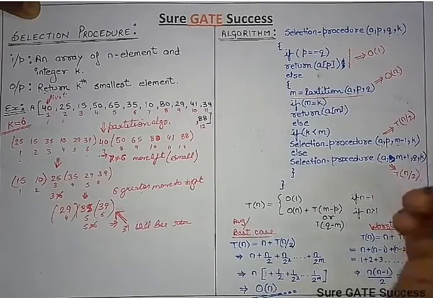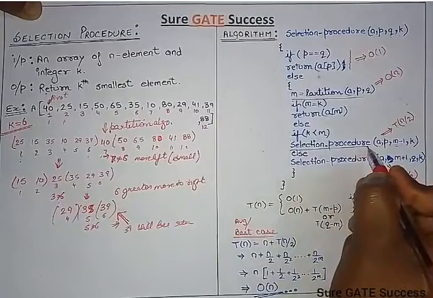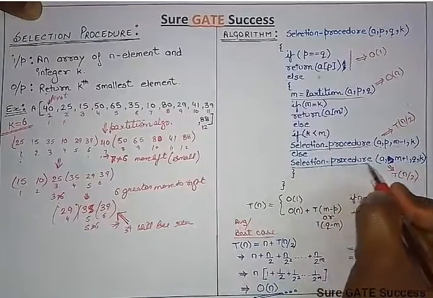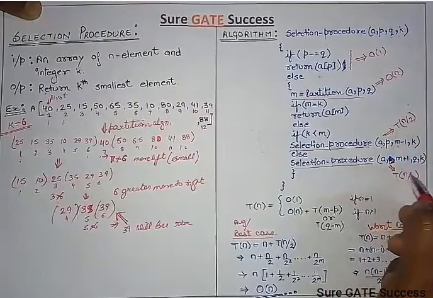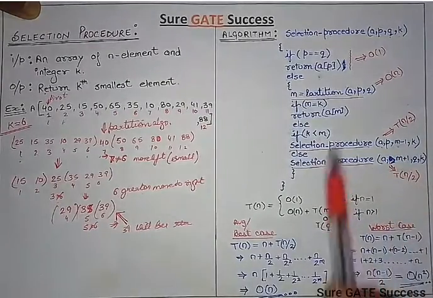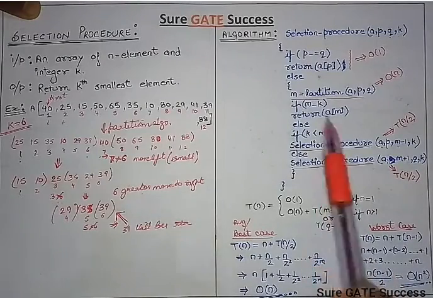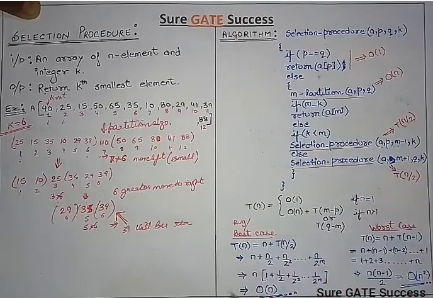See one thing here: either this will be running or this will be running. Its time complexity is T(n/2). That means only one of them runs at a moment, and we don't have to move to the other.